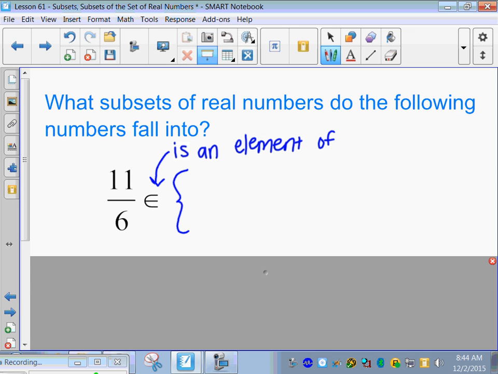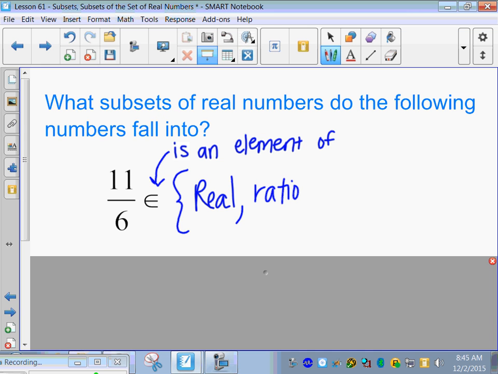We do the squiggly brackets, and we're going to talk about what sets 11/6 falls into. Every single number that you guys do right now is real. So you're always going to put real every time, because every number that we talk about is real. The next step is to say, is it rational or irrational? Okay, it's one or the other. It cannot be both. So what do you guys think, rational or irrational? Rational. Yeah, this is rational.